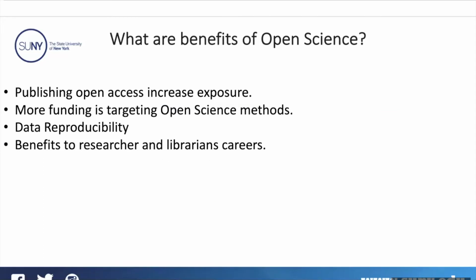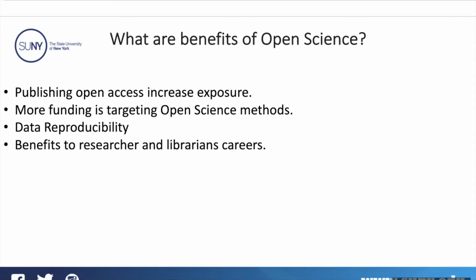So some of the benefits of open science: open research awards have been created by several funding agencies. In fact, funding agencies are actually mandating open sharing of research. Thus, researchers who are already participating in open science are already taking advantage of some of these awards that funding agencies have in place.